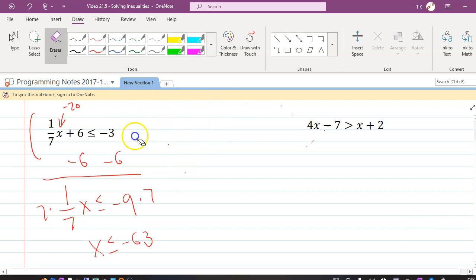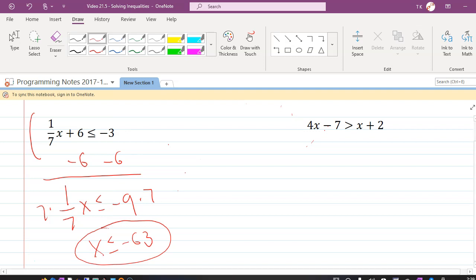When I solve an inequality, I'm less looking for a single answer, and instead I'm looking more to describe what all of the answers are like, what they all have in common. In this case, all of the values for x that would work in this inequality are less than or equal to -63.